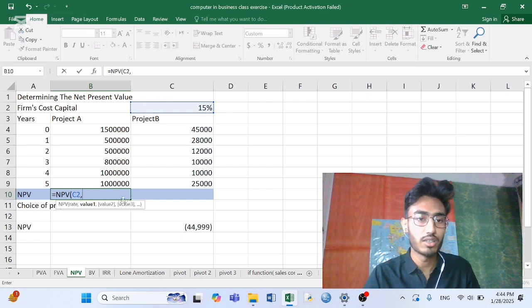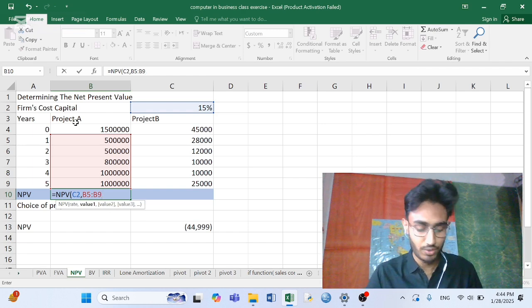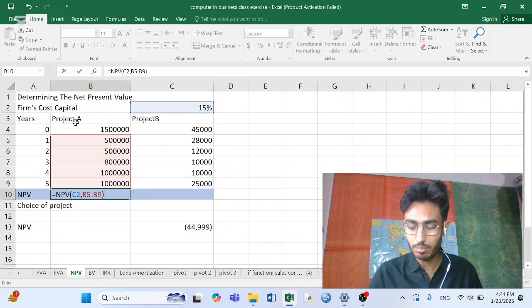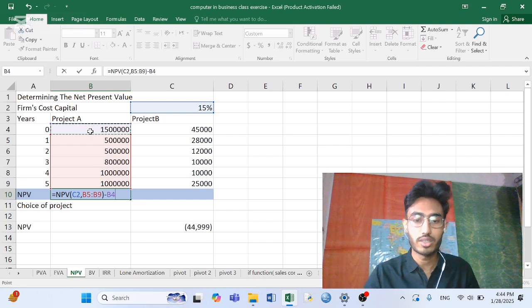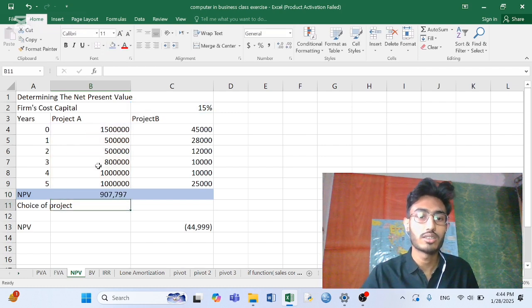Then the values are going to start from year 1 to 5. As we know, the year 0 value shows the initial investment, and that one is going to be subtracted, and that's why we will finish the formula here. It's bracket, then we're going to minus the initial investment of 15 lakhs. It's enter. Yeah, that's the answer.